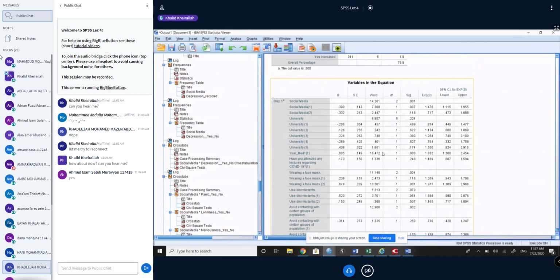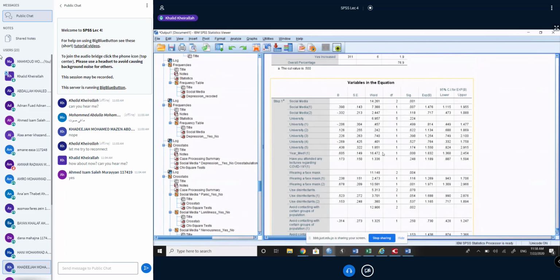It gives you an indication of where the data is taking you, what to look for when you are examining a relationship with a factor such as panic, because panic could be affected by a million factors. It's not just COVID, it's not wearing a mask, it's not medical school, it's not the disinfectant, it's not the clinical versus basic years, okay?